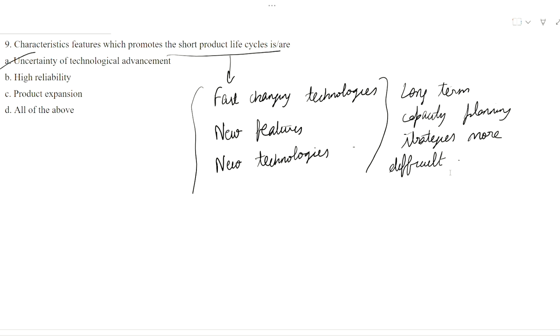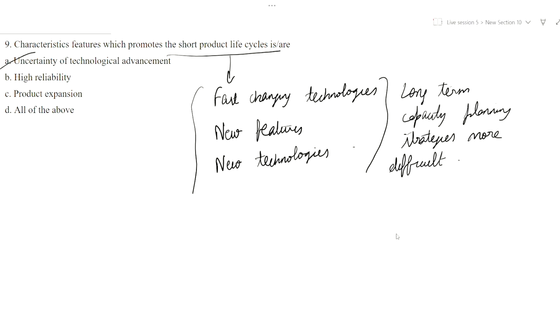In these cases, long-term capacity planning strategies are difficult because we do not know what changes will occur.